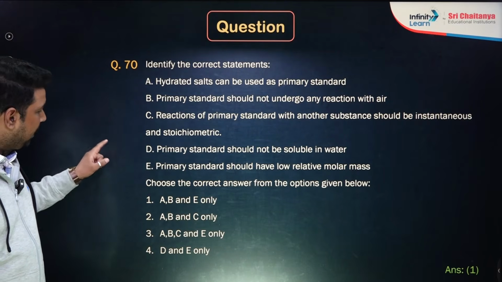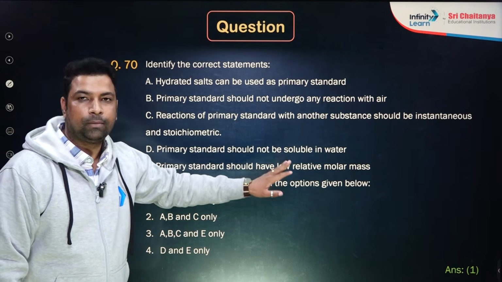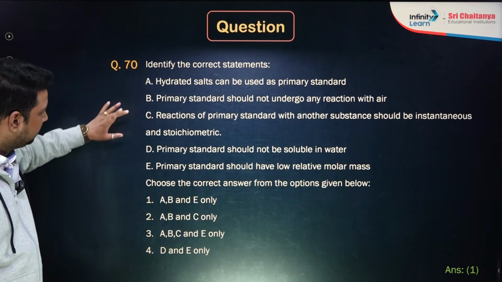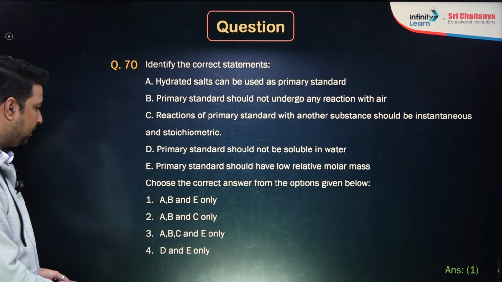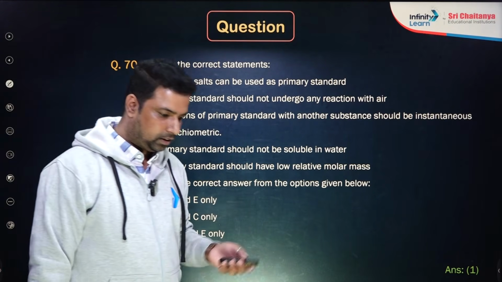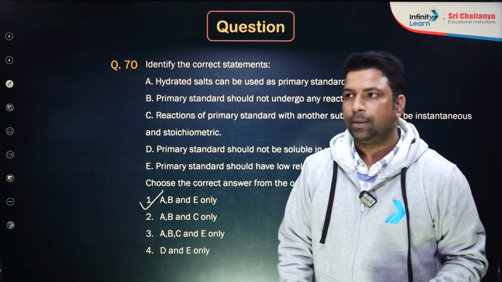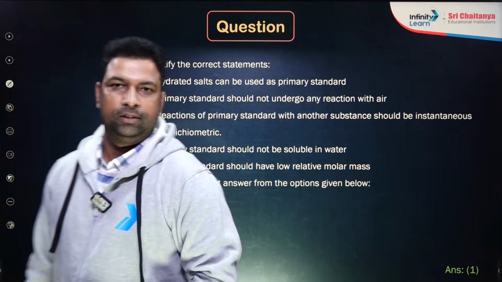So your A, B, E, these three are correct. Primary standard should have low relative molar mass. A, B, E are correct, C and D are incorrect. So right answer will be A, B and E only. We generally did this in the chapter, like the DNA block concept and the titration chapter, titration topic, we discussed it in detail.